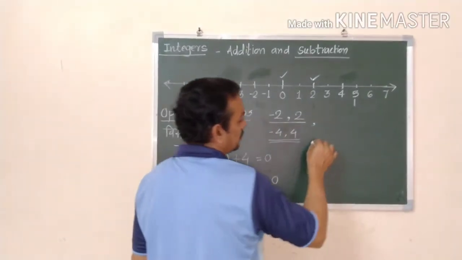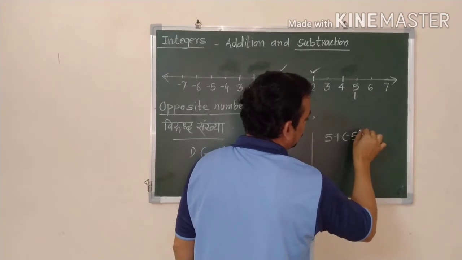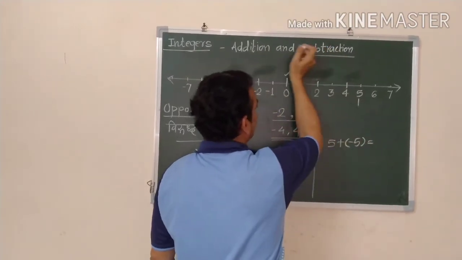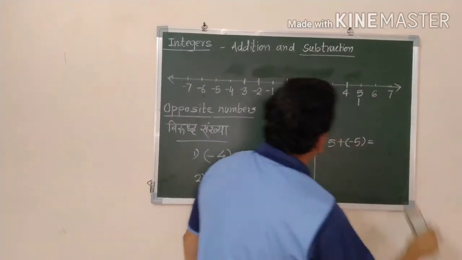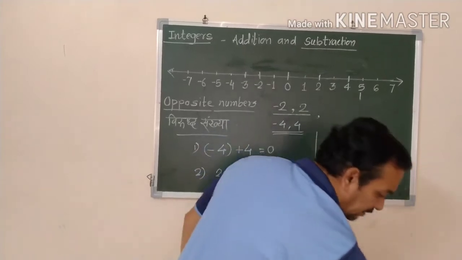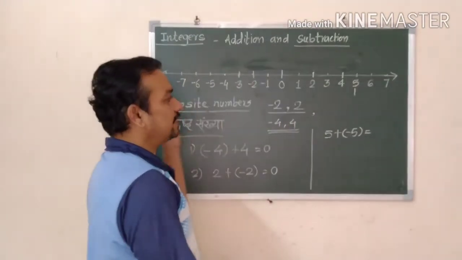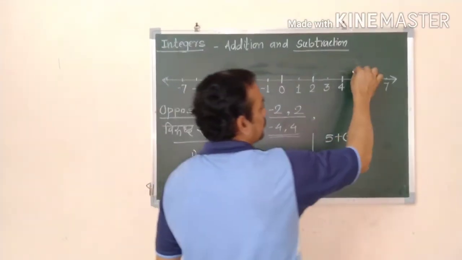I explain another one. Look at here. 5 plus negative 5. Okay. You know very well, if we add a negative number to the given one, that means we move towards the left hand side. How many units? 5 units. Here is 5.